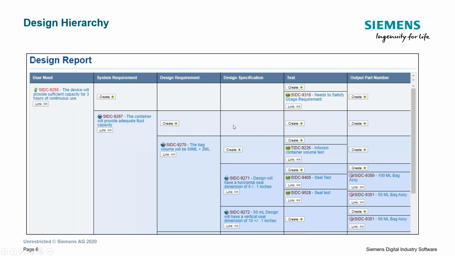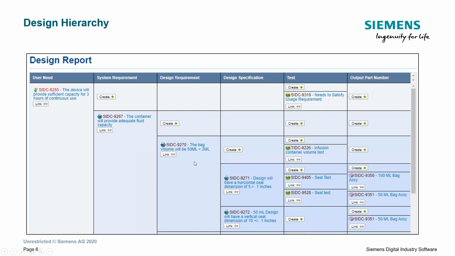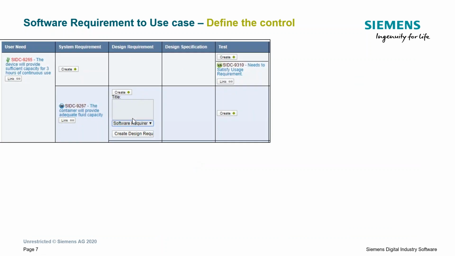And then just a note, I'll give you another example of how we might integrate a V model construction of the design with maybe an agile construction. In this case, what we have is a software requirement. So essentially what we're going to do is create a design requirement that is a software requirement.